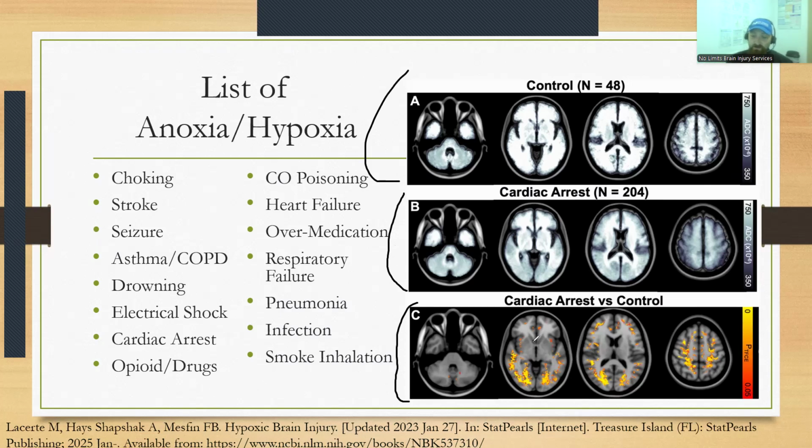And what we see is that there is, in fact, brain damage in the comparison between the two. And that is a legitimate brain injury. A heart attack, a cardiac arrest can be a brain injury, especially if they don't get that blood flowing and that oxygenation in sufficient time. The brain cells start to die.